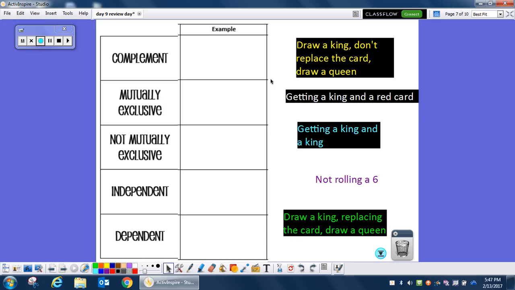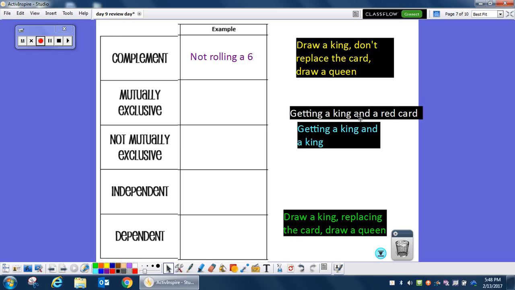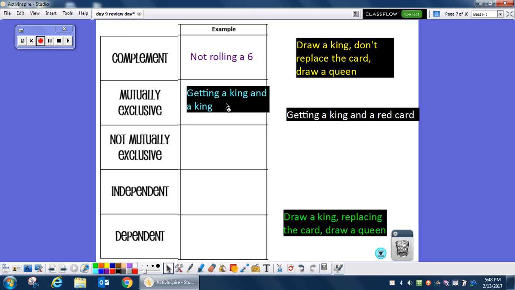Alright, so now you're going to get an example of each. If you remember, for the complement, the key word was "not." So finding the probability of not rolling a 6. Then mutually exclusive is two events that cannot happen at the same time. So getting a king and a king, you can't get two kings at one time.